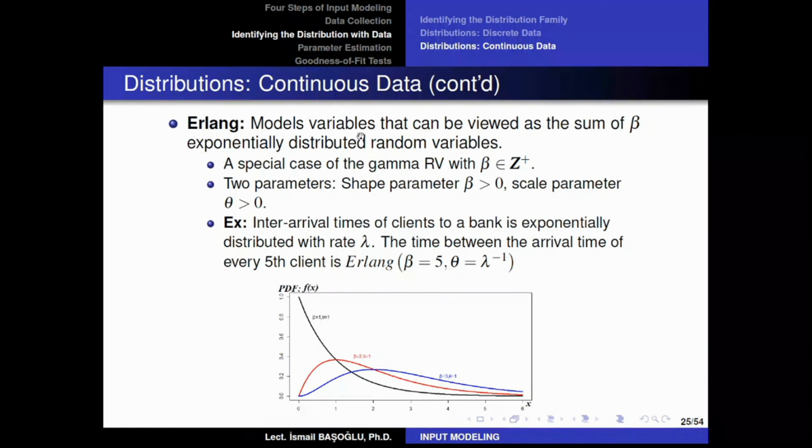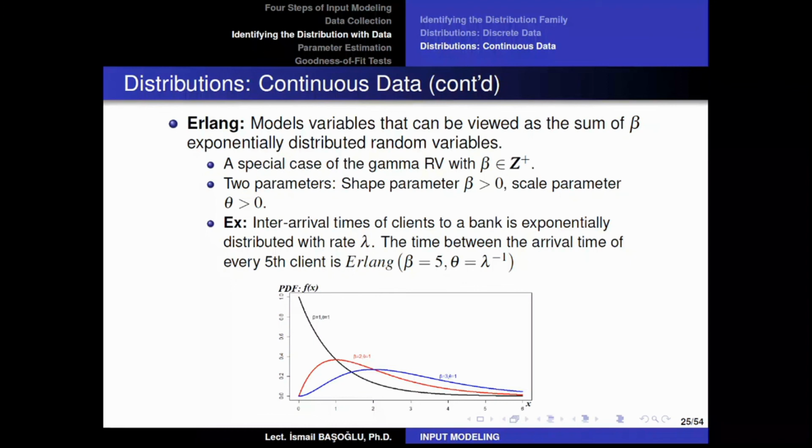So Erlang random variable is actually what? Erlang random variable is the sum of exponential random variables. For example, if the interarrival times of clients into a bank is exponentially distributed, if the time between consecutive arrivals is exponentially distributed, then the time between every fifth arrival, I mean the fifth client, the 10th client, 15th client, 20th client, so on and so forth.